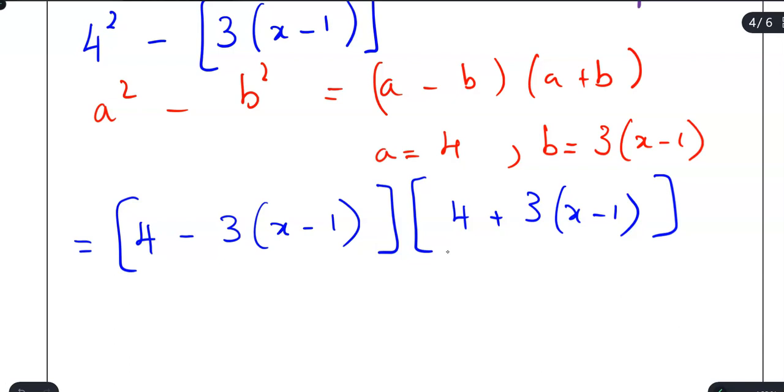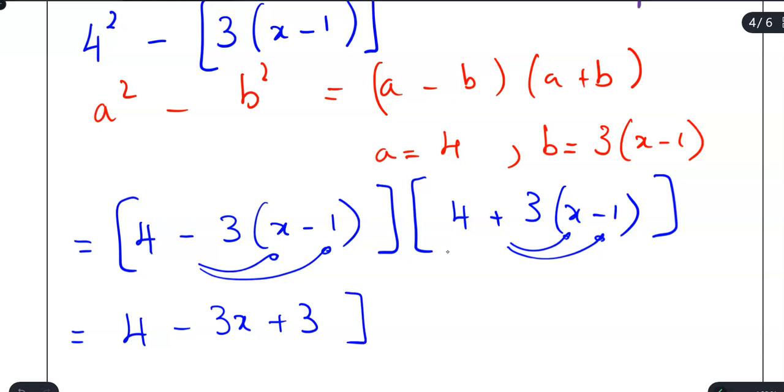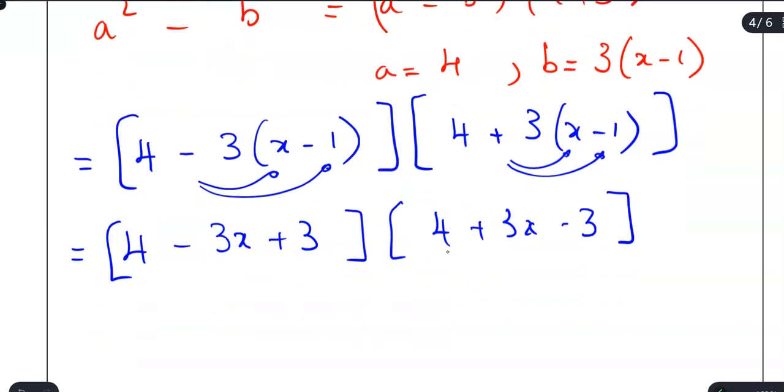Because I have to factor completely, I need to expand this, and then I will collect the like terms. So we'll have (4 subtract 3x plus 3)(4 plus 3x minus 3). Then I should have 4 plus 3 will give me 7. So (7 minus 3x).